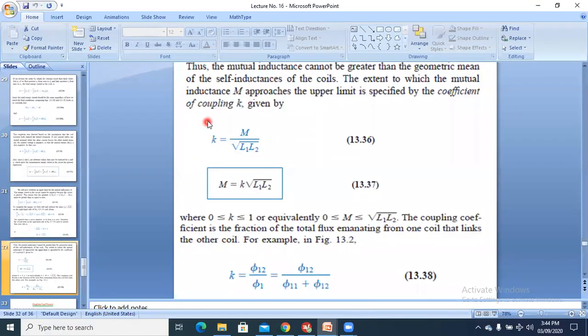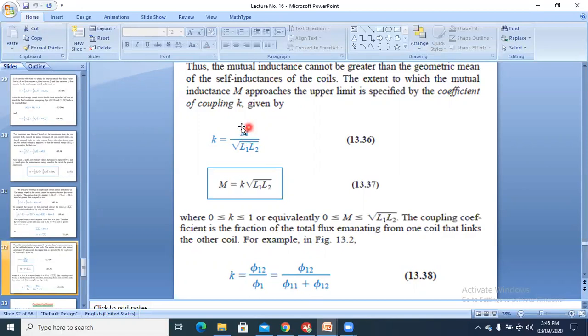So what about the ratio of mutual inductance M divided by the geometric mean of the self-inductance of the two coils? That is an important factor, which is called the coupling coefficient, because mutual inductance depends on how well the two coils are coupled.